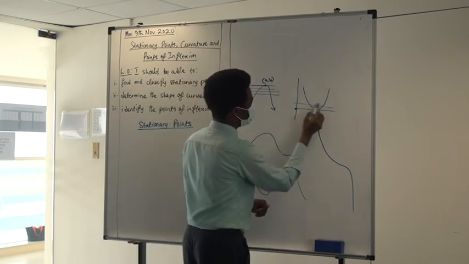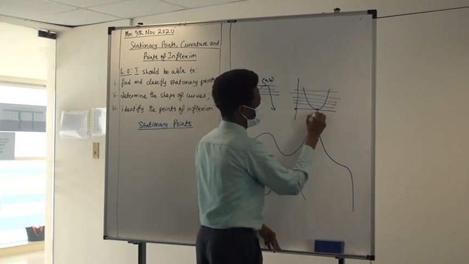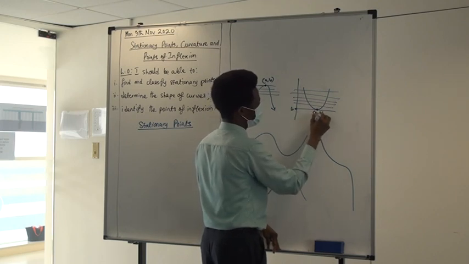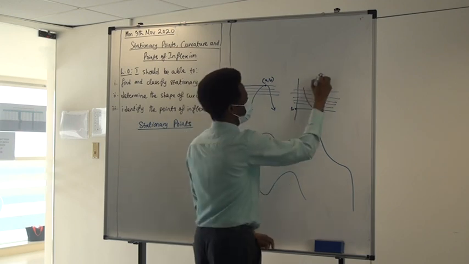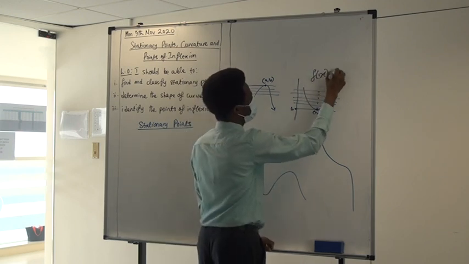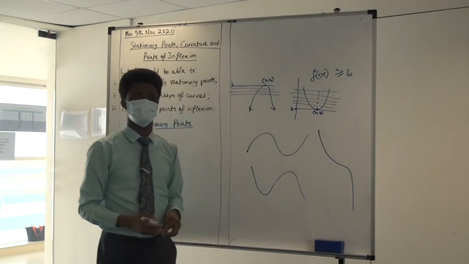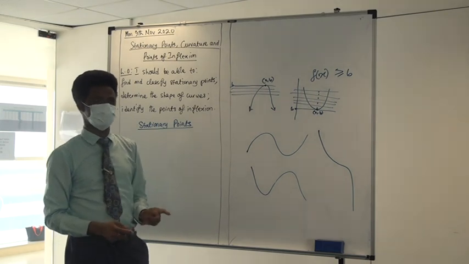And that is because every other value on the function, okay? So if this is a comma b, for example, it means for every x you take, f of x will be greater than or equal to b. Agree? To be greater than or equal to b.